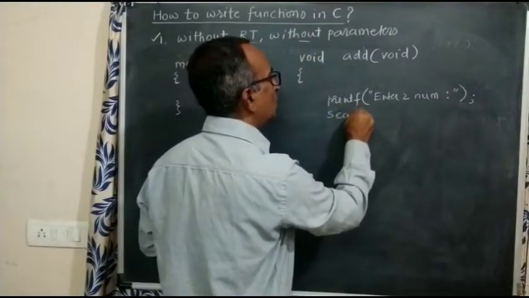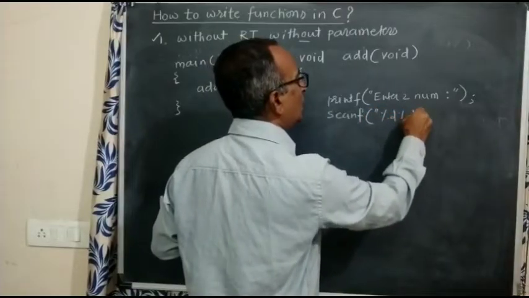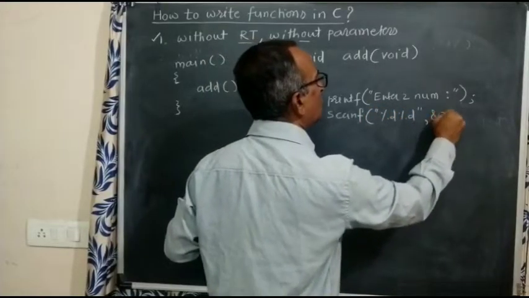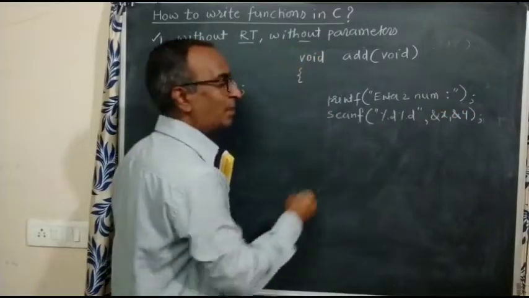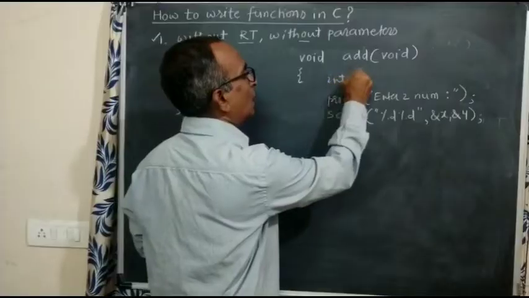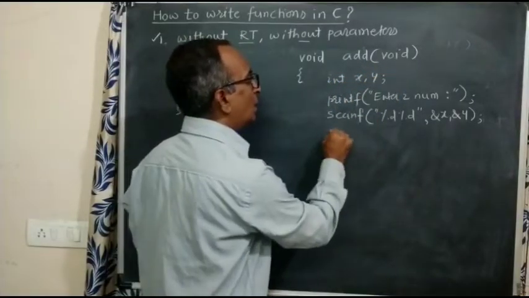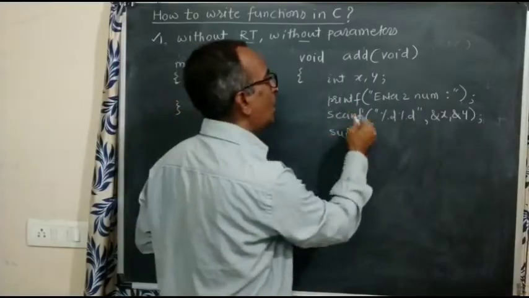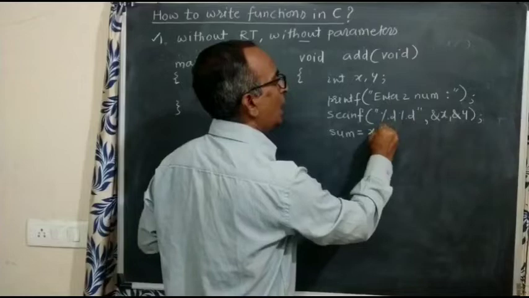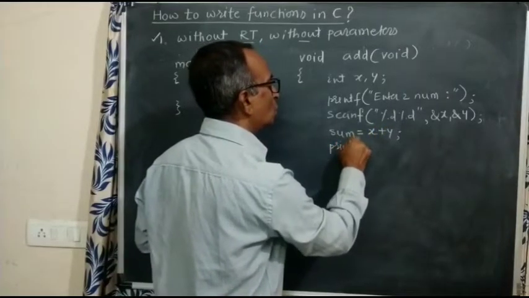Then two numbers will be read with %d, and suppose in x and in y you are reading these two numbers. You have to declare x and y. Then for processing, you have two numbers, x plus y will be done, and it will print output also.